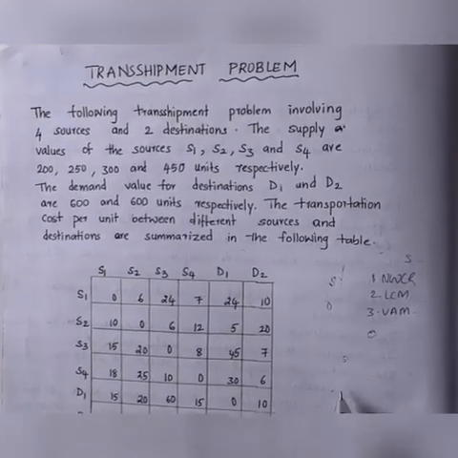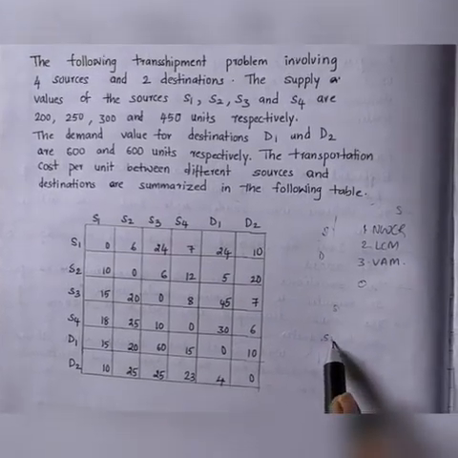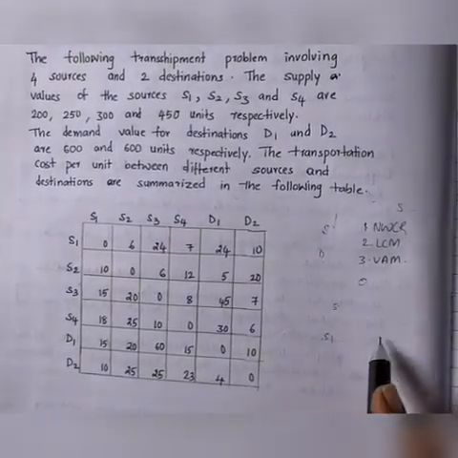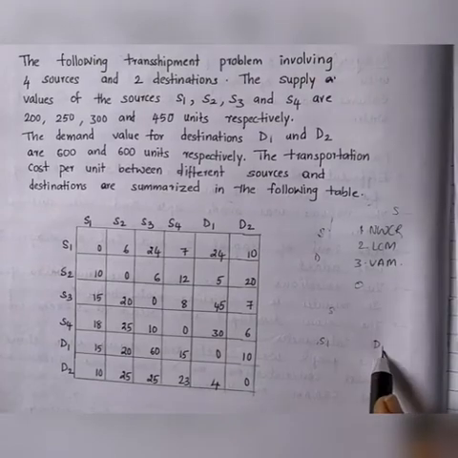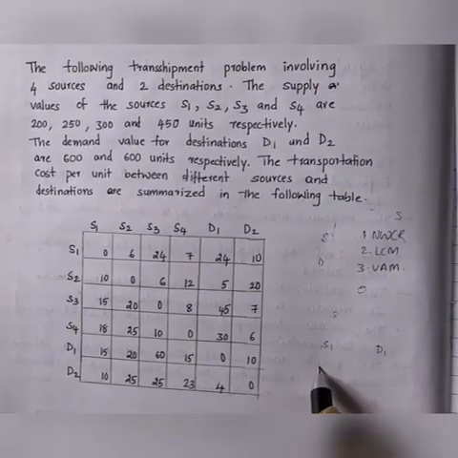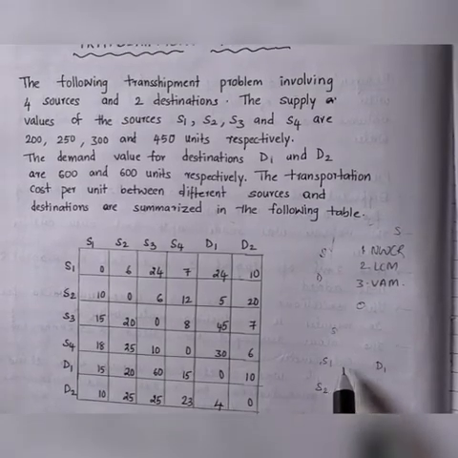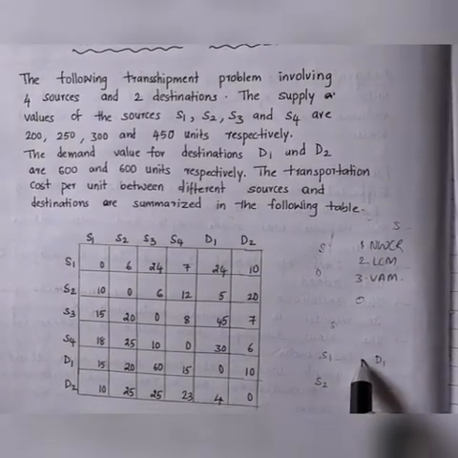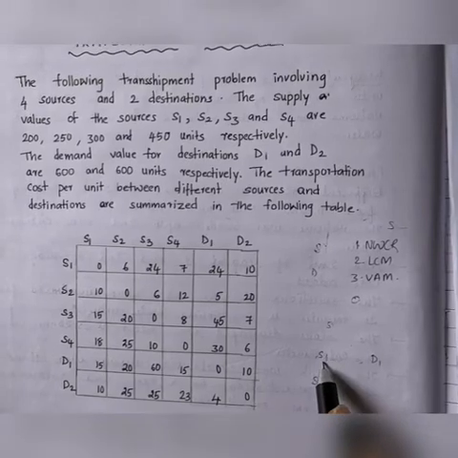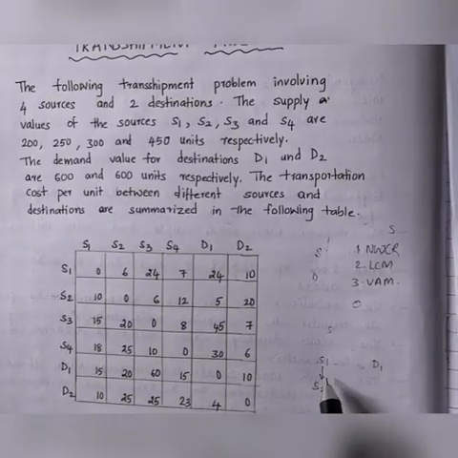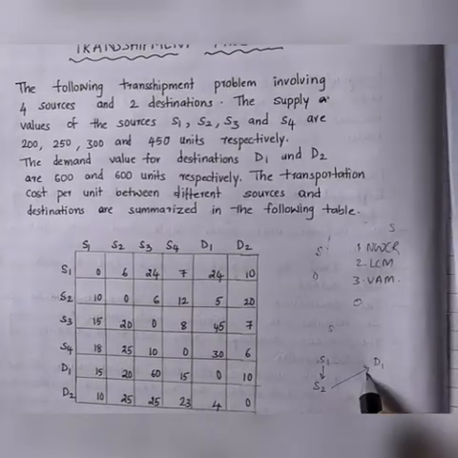Now for example, from source S1 the goods have to be sent to destination D1. There might also be S2, where instead of directly sending it to destination 1, this particular goods can be sent to destination 2, and from there it could be sent to destination 1.